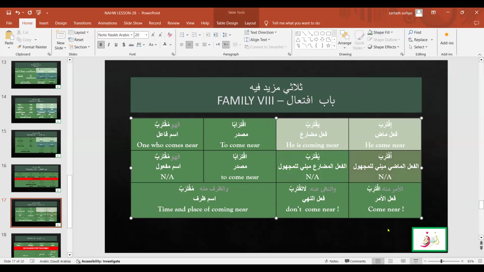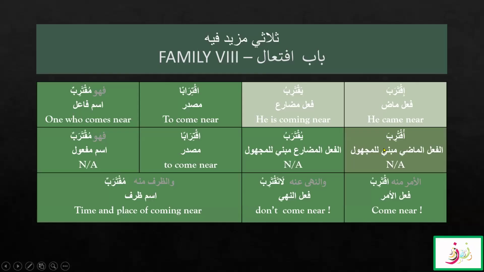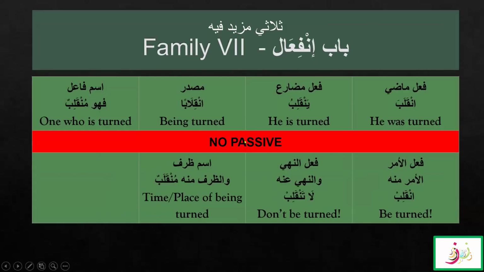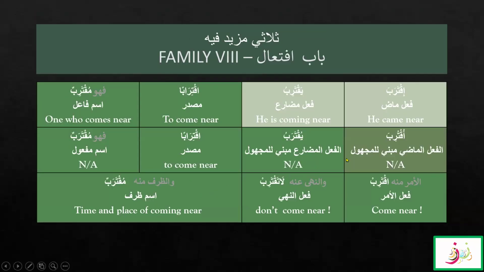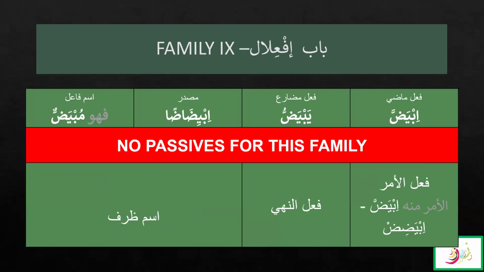So here you can see this ukturiba and yuktarabu with u sound again for bab iftial, family 8. Here this family has no passives, but there was a mistake in the slide. Again, for bab if'ilal, there are no passives.